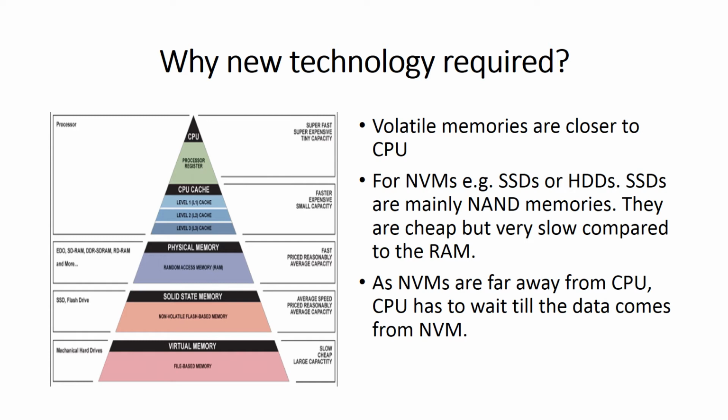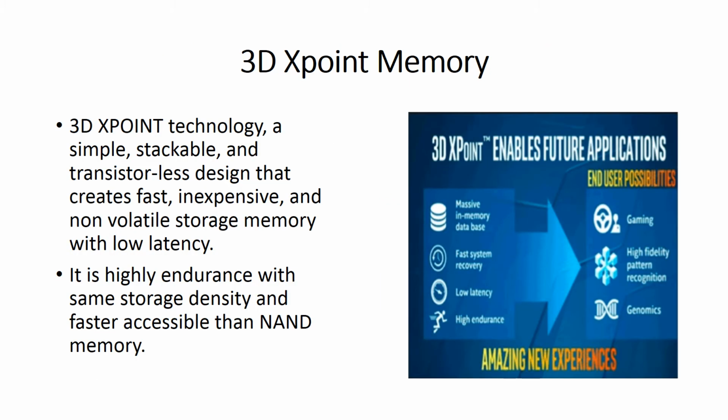And then comes the non-volatile memory. So as we saw in the memory pyramid, volatile memories which are closer to the CPU need power to access the data, and the non-volatile memories which are far away from the CPU don't need the power supply to store the data. But as they are far from the CPU, it takes time for the CPU to access the data, and hence it makes the performance of the CPU a little bit slower.